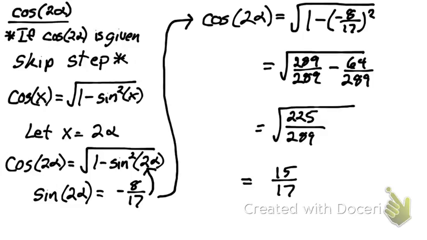Now this is either going to be positive or negative depending on what quadrant we're in. So we'll look at what we're talking about. We're talking about 2 alpha. 2 alpha is in quadrant 3. Cosine is negative in quadrant 3, so this is going to be a negative 15 over 17.